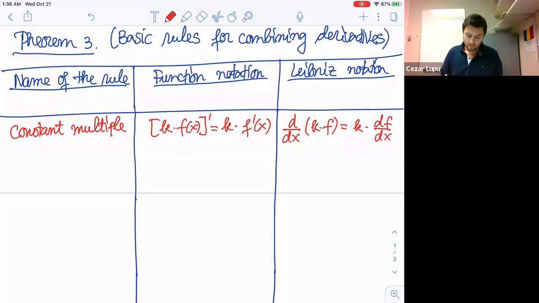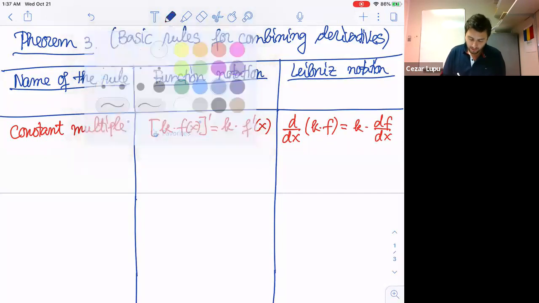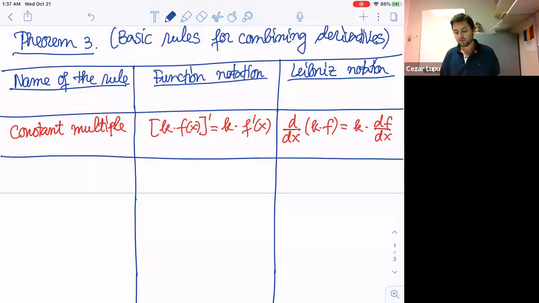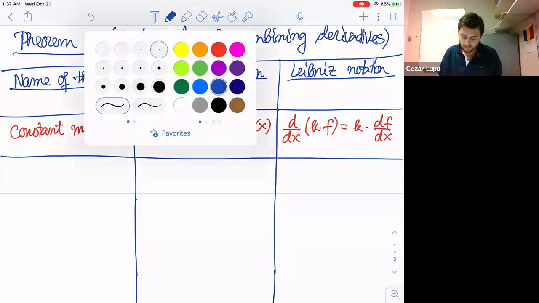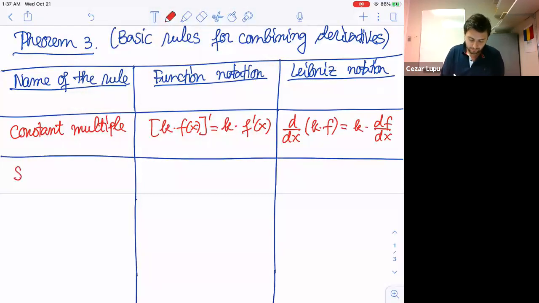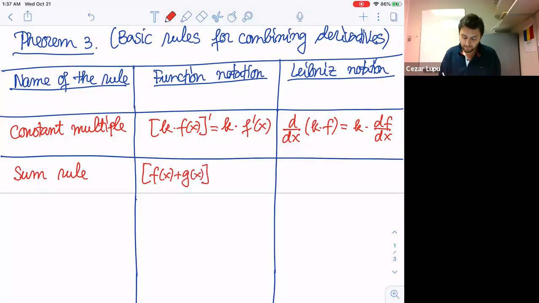Okay. Now, the other thing that we need to worry about, so this is the constant multiple. As you can see, it's pretty easy. Now, let's see what happens when we have the sum rule. Well, as you can imagine, if we add two functions, let's say f and g of x, and we want to find the derivative of this, this will be nothing else than just f prime of x plus g prime of x.